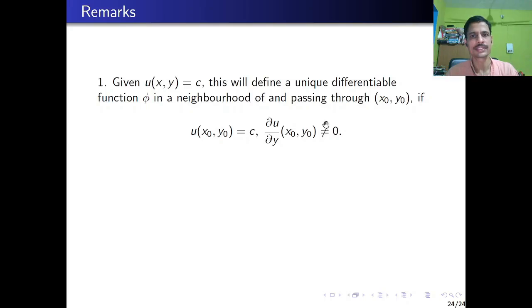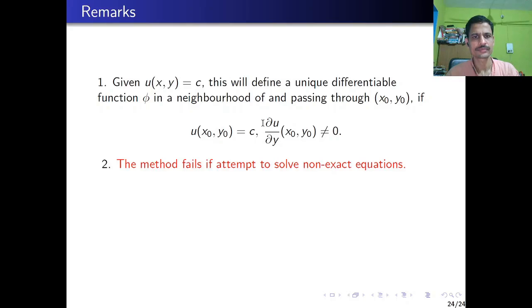Well, this is a general criterion. It is called the implicit function theorem, but this is just for remark. You don't have to use this anywhere in this course. And this method fails to solve non-exact equations.